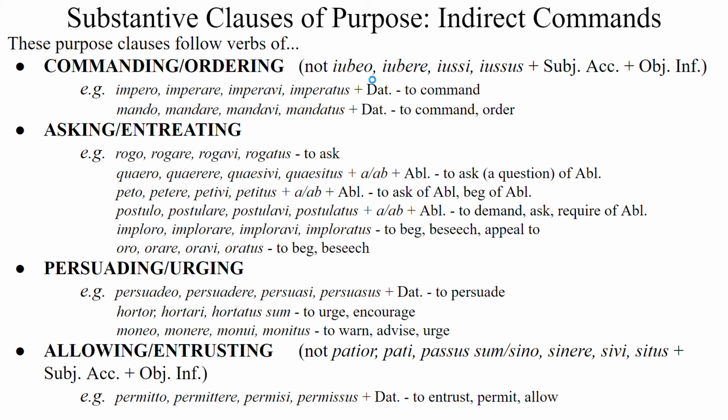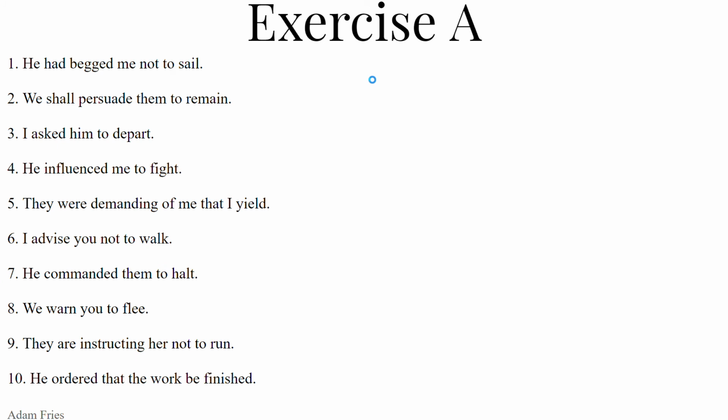Iubeo takes a subject accusative and an objective infinitive. So if you wanted to use iubeo for number 10, it would be he ordered that the work be finished. So he ordered, iussit, that the work, opus, be finished, confici. It's got an accusative work and then a present passive infinitive, confici, be finished. He ordered that the work be finished, confici or perfici.